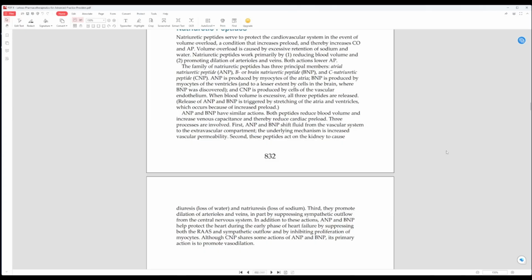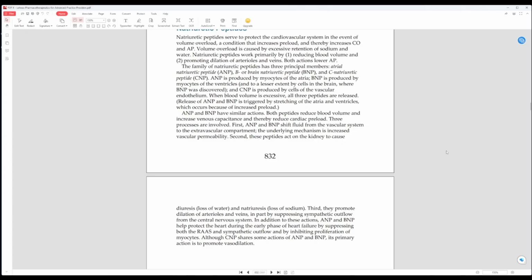Natriuretic peptides work primarily by reducing blood volume and promoting the dilation of arterioles and veins, both of which actions lower arterial pressure. The family of natriuretic peptides has three principal members: atrial natriuretic peptide, or ANP, brain natriuretic peptide, or BNP, and finally C-type natriuretic peptide, CNP.